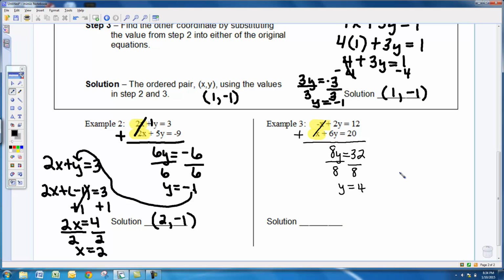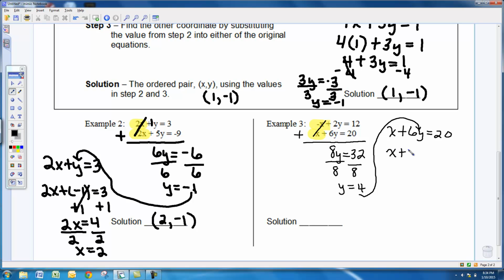Now we choose one of the equations and plug in y. I'm going to choose the second equation, x plus 6y equals 20. We know that y equals 4, so we're going to bring it up here and plug in 4 for y.